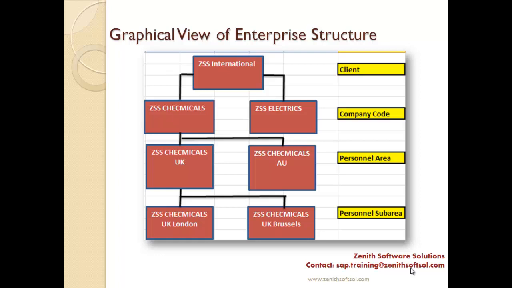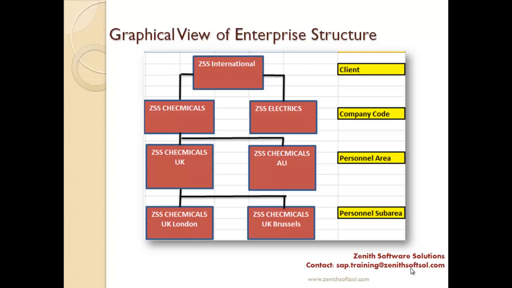One important thing here is that the personal area is assigned to one company code. The personal area ZSS Chemicals Australia cannot be assigned to both company codes, ZSS Chemicals and ZSS Electrics.